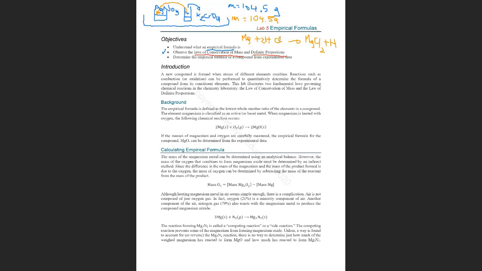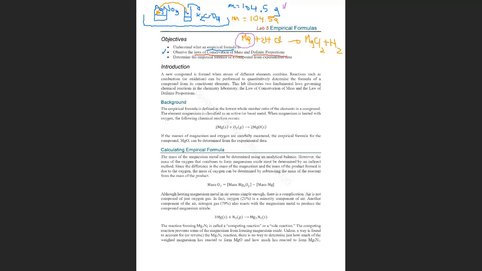We will look at it again later. So what is the law of conservation of mass? I will weigh the amount of magnesium before the reaction started, the same way I weighed on this scale before I mixed the two solutions, and the mass was 104.5.